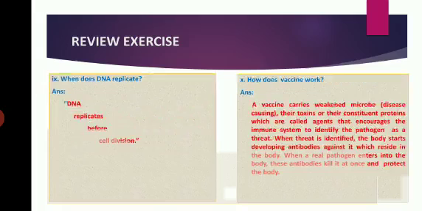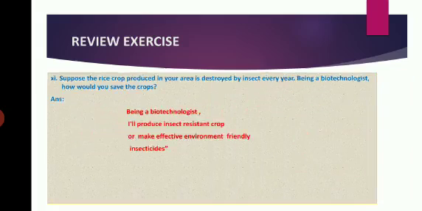First, the dead pathogens were introduced into the body, and the body made antibodies against them. These antibodies are stored in the body, and where will they be used? When a live pathogen attacks, the already present antibodies will fight against these real pathogens and protect our body from disease.